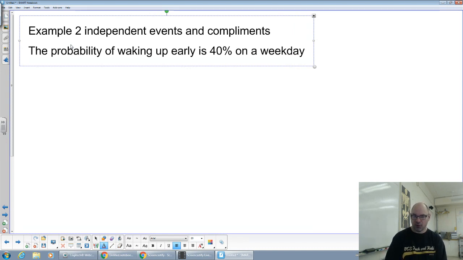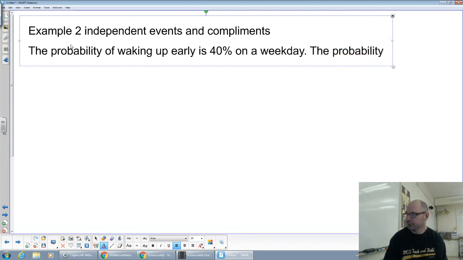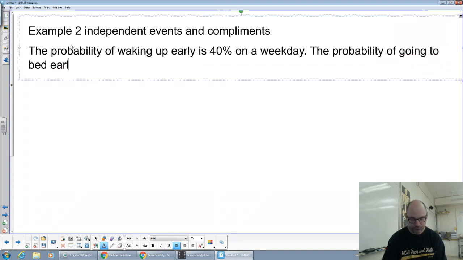The probability of going to bed early on a weekday is 22%. Assume these are independent probabilities.